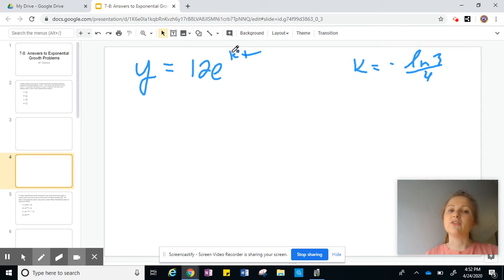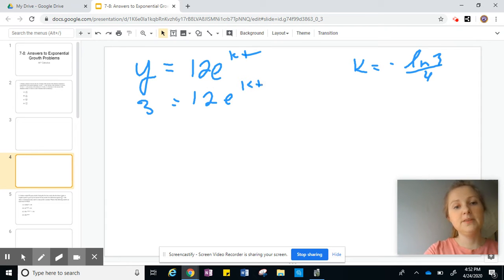I'm not going to write that every time just because it's a lot of writing. So we'll leave it as k until the very end. So y is 3. Divide by 12 on both sides, and we get 3 divided by 12 is 1/4. Then to get the t alone, we need to take the natural log of both sides.